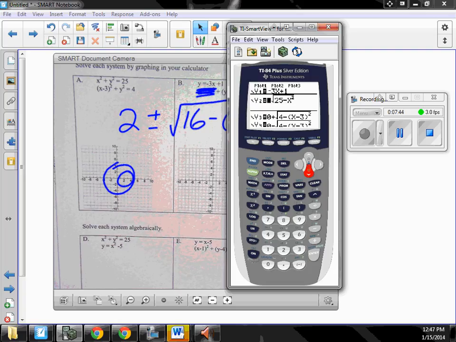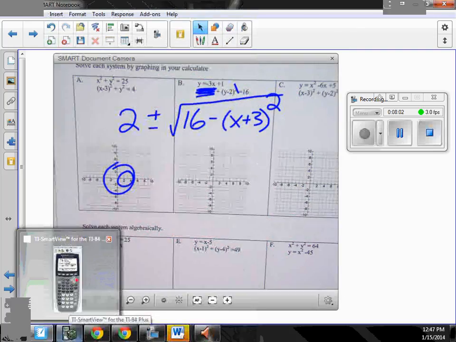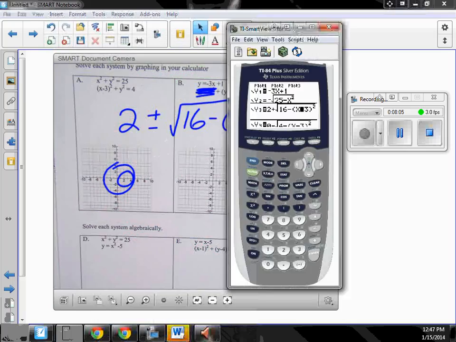I'm going to turn this graph off. And then 2 plus, let's insert 16. Is that a plus 3? Yeah, there will be 3 equations.